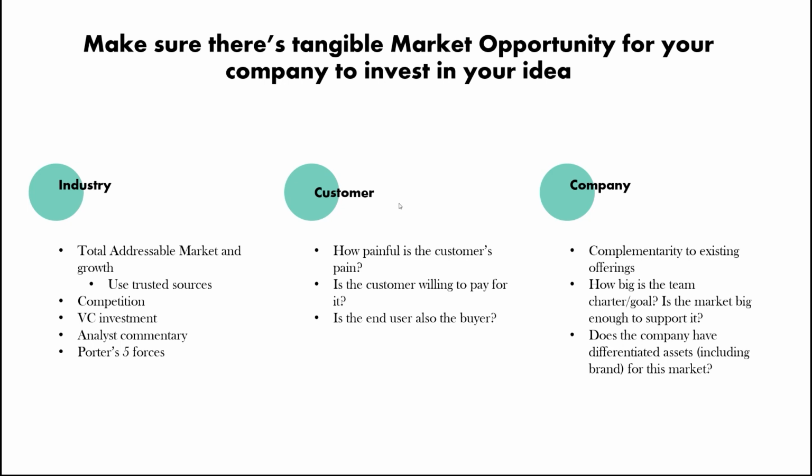So in doing so, we actually looked at 3 aspects. We looked at the industry. There's a pretty common tool that folks are taught in business schools, Porter's 5 Forces, which talks about the power that the market forces exert upon a certain industry and whether that industry is favorable to get into or not.